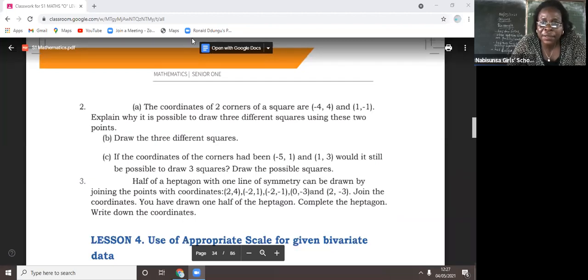Is Akampura there? Unmute yourself and give us your submission. Akampura is not there. We have Elisha Nachitende.